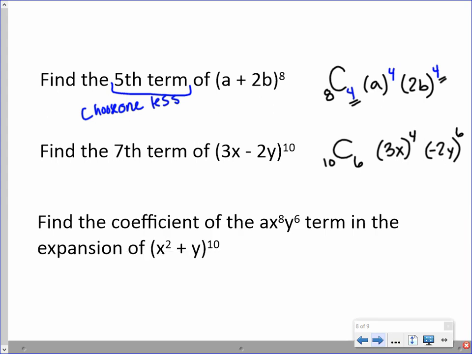Okay. And then my final question, phrased a little bit differently but sort of the same idea, is find the coefficient of the a x to the 8, y to the 6th term in the expansion of x squared plus y raised to the 10th.